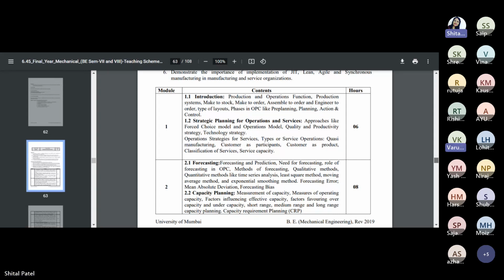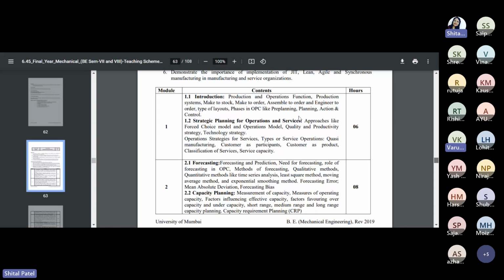Okay, fine. So the very first is the explanation of production functions and operation functions and how important it is in the production floor or in terms of operation planning control, right? Okay.